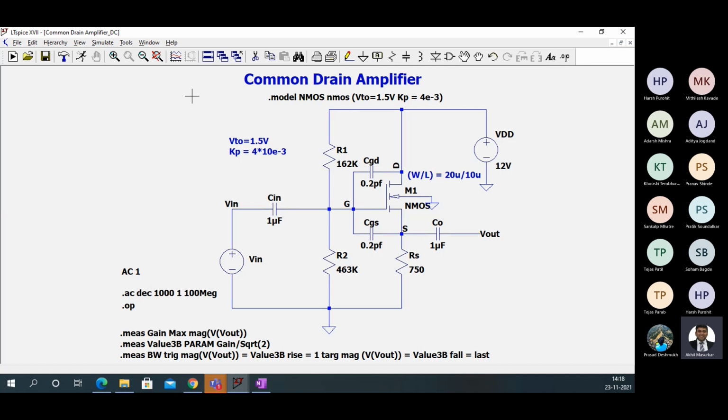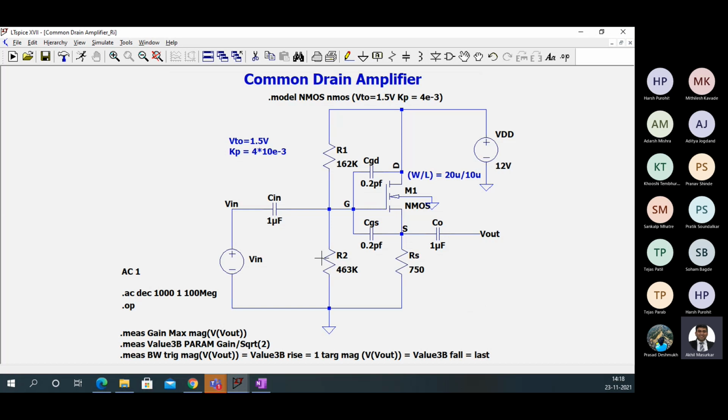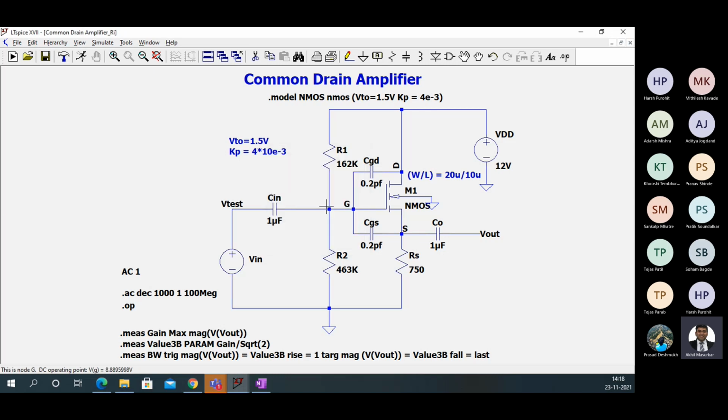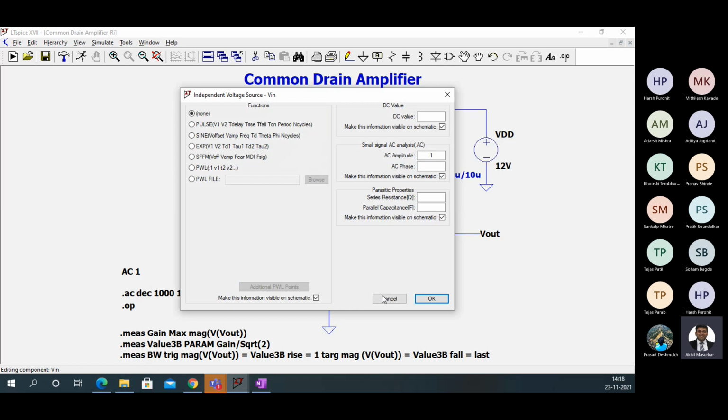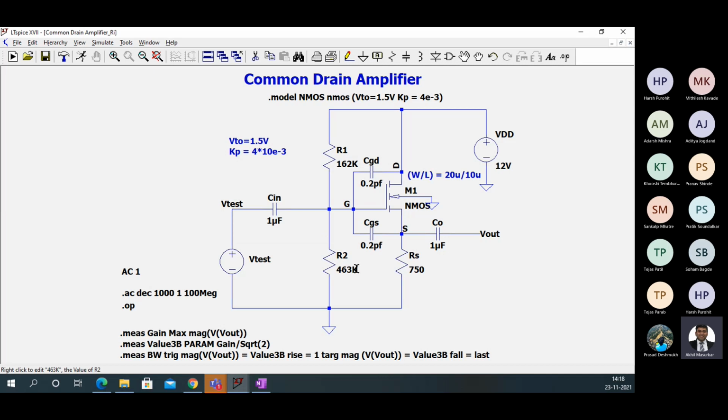Now let us go for, again save this file. So I'm just saving it as Ri. Just save. Okay. Now I will convert this to VTest and I will name this as VTest. So we are now giving a test voltage source here and we are running it.